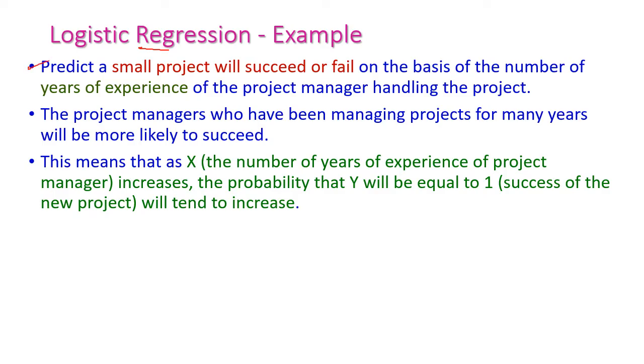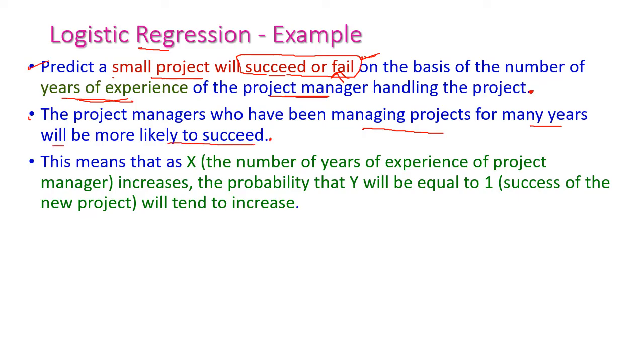Now, predict whether a small project will succeed or fail. Our problem is whether the project will succeed or fail on the basis of the number of years of experience of the project manager who is handling the project. So based on the experience of the project manager, we can predict whether the project will succeed or fail. A project manager who has been managing projects for many years will be more likely to succeed.